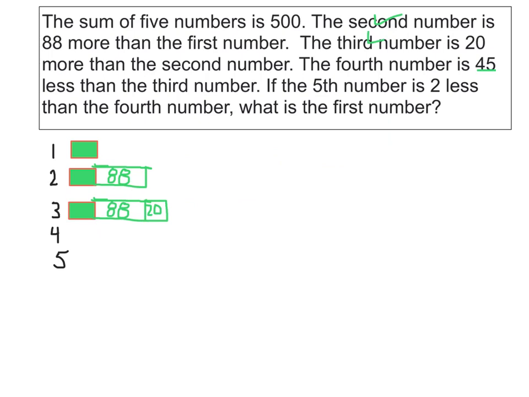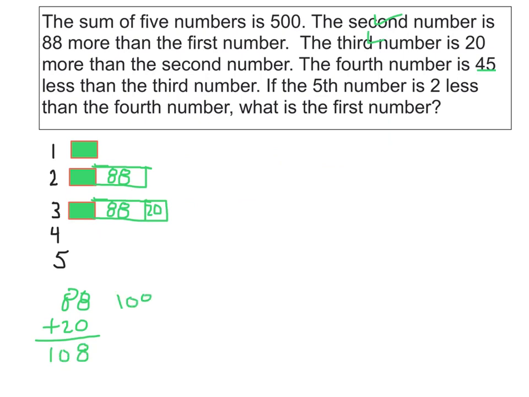I think that's going to get very confusing trying to track within my bar. So I'm going to go ahead and total up what I know about number 3, which is that 88 plus 20 is part of number 3, and that of course is 108.